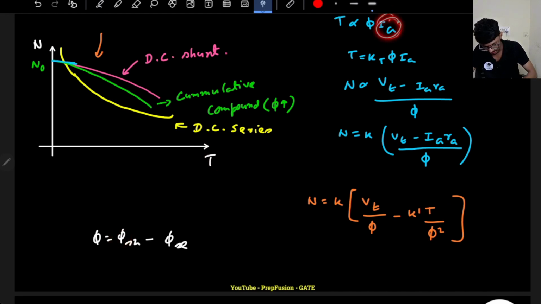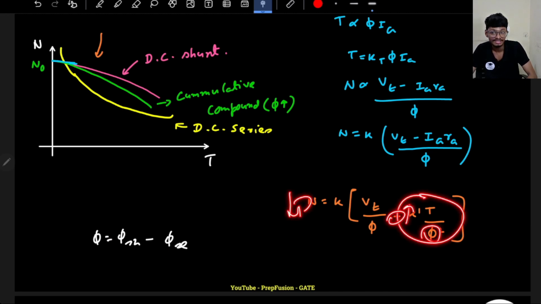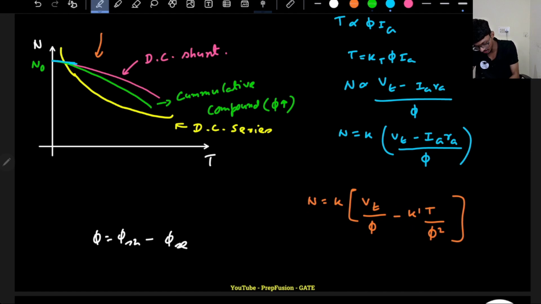If the load current increases, the series flux will increase and the overall flux reduces. So if the flux reduces, this term will be higher, and I have a negative sign, so overall speed reduces. That's why the speed will initially reduce, and then what will happen?